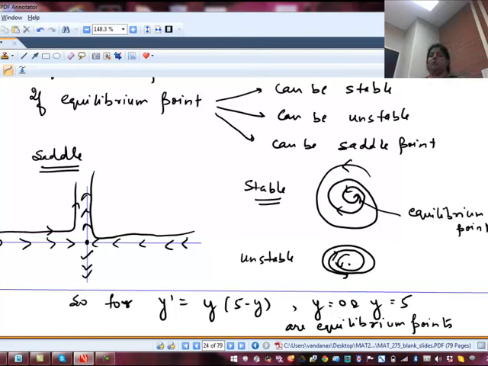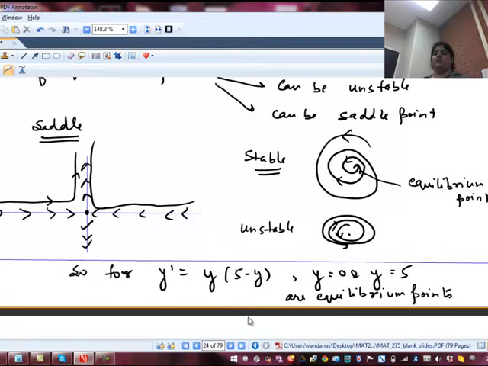Okay, so how will you figure it out? I told you the situation of how they might be, but now the question is, how will you exactly figure out whether it's stable or unstable? So what happens to the slope?